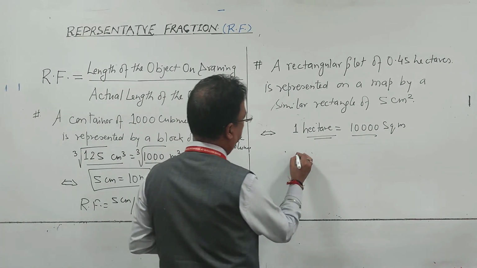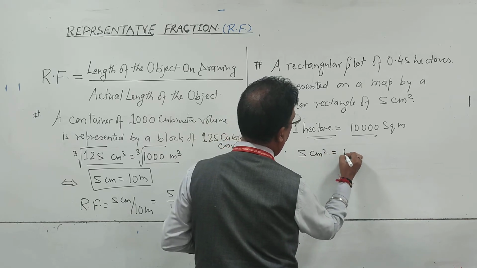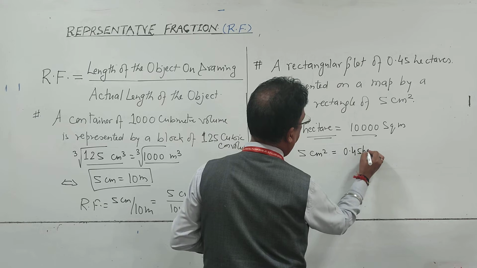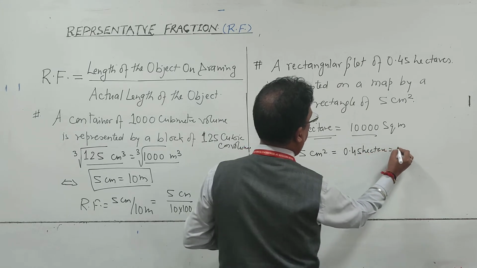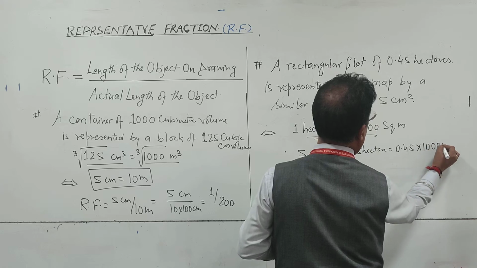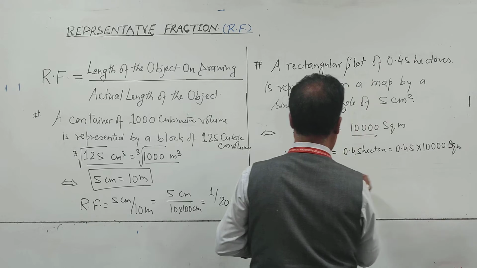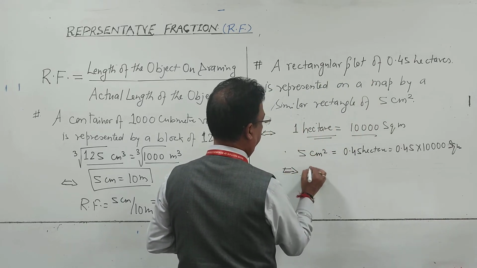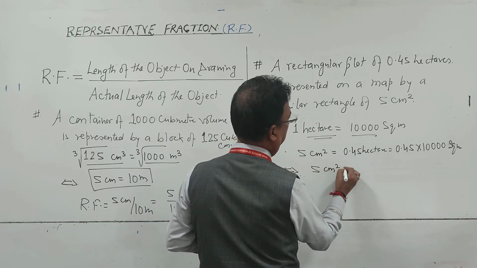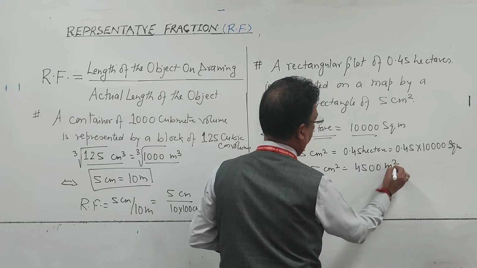Now in this problem the proportion will be like this: 5 centimeter square will be equal to 0.45 hectares, that is equal to 0.45 into 10,000 square meter. That will be 5 centimeter square equals 4,500 meter square.